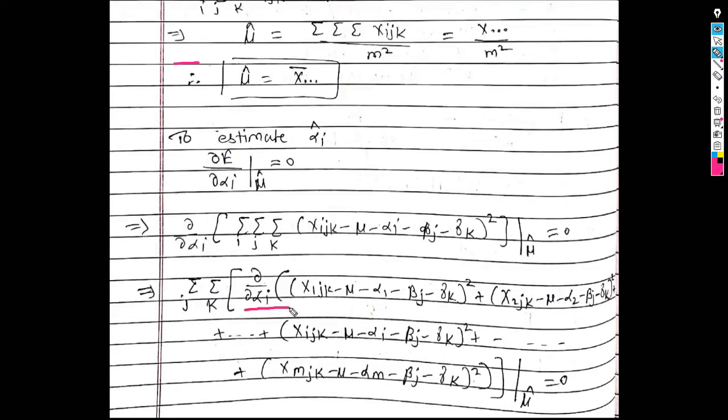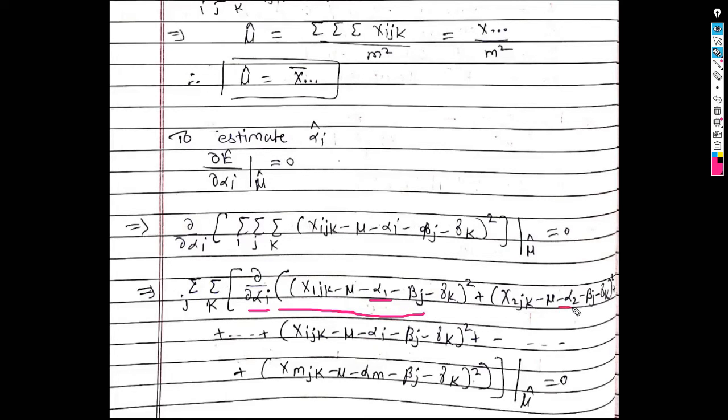The derivative of this term with respect to alpha i is nothing but 0. Why do we get 0? Because here we have the alpha 1 term and we differentiate it with respect to alpha i. So alpha 1 is a constant, and when we take the derivative with respect to alpha i, we get 0. So this first term is 0.